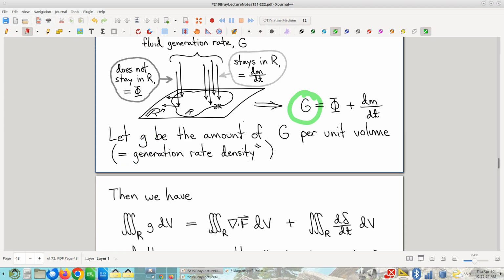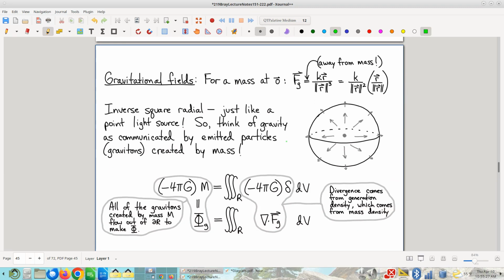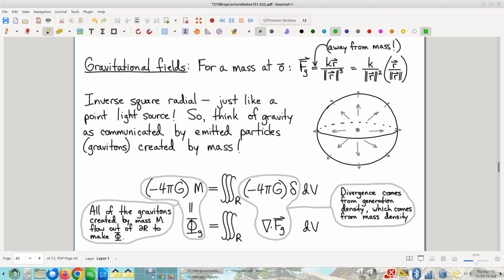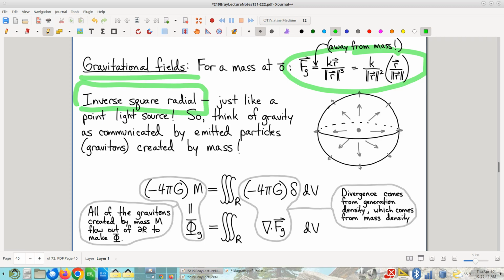So anyway, cool fact. Moving along, let's talk about gravity. Gravitational fields we've talked about before. By the way, you might recognize those are inverse square radial. And so that makes a gravitational field that looks like this.